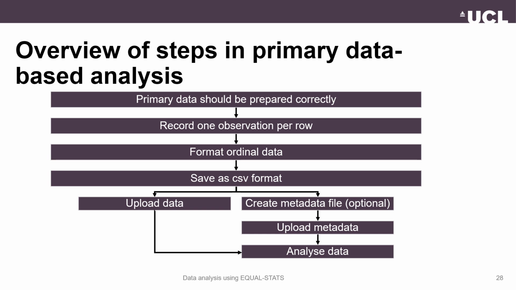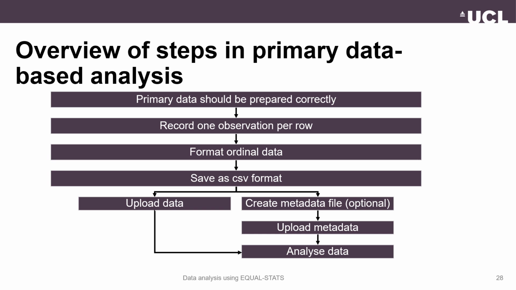This slide shows an overview of the steps in primary data-based analysis. The broad steps are preparing the data in the right format, which includes the following: record one observation per row, format ordinal data, save as CSV format, upload the data, and analyze the data.